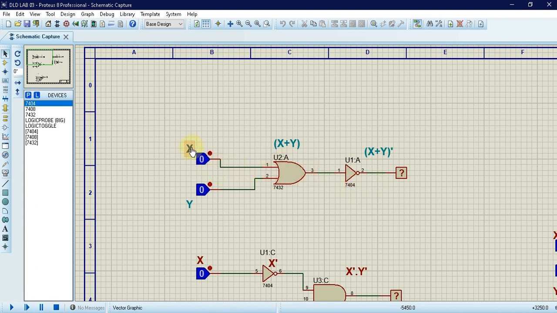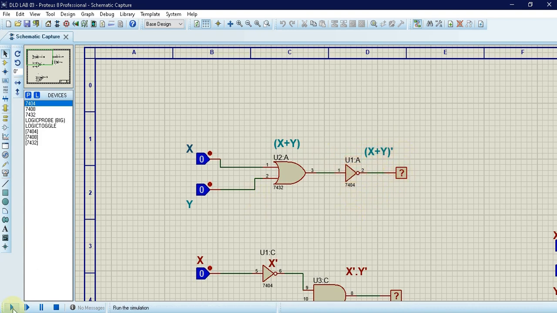And in this left hand side of De Morgan's law, x plus y, x or y whole NOT, first we have x and y, then these two inputs are added by an OR gate, and then the whole OR gate output is inverted. We cannot say reversed, we can say it is inverted.